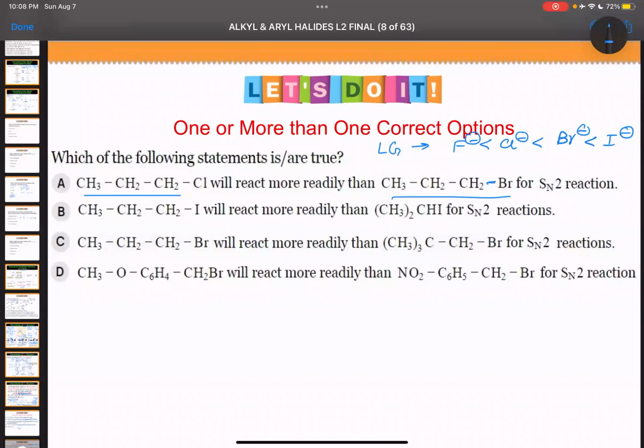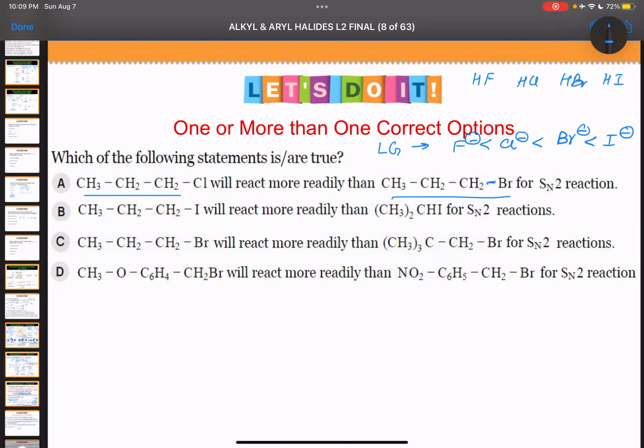You can rely on this statement. And how are you going to make out whether something is weak or strong? Very simple. Suppose you make acids out of those: HF, HCl, HBr, HI.